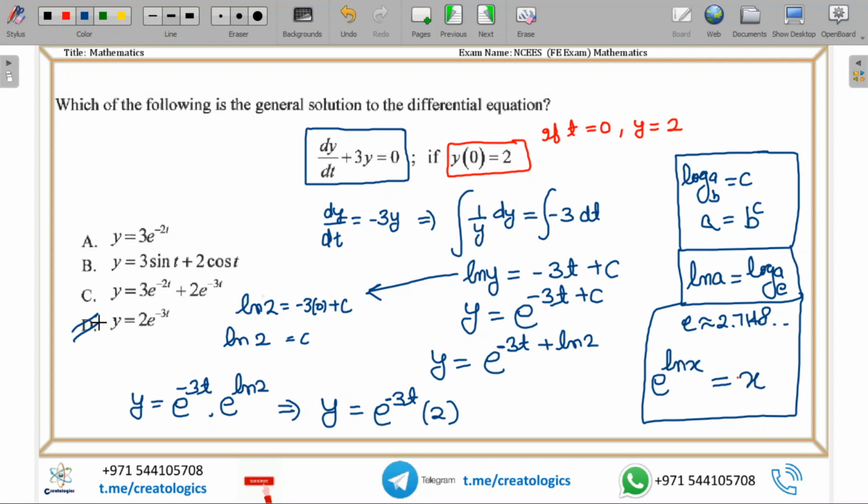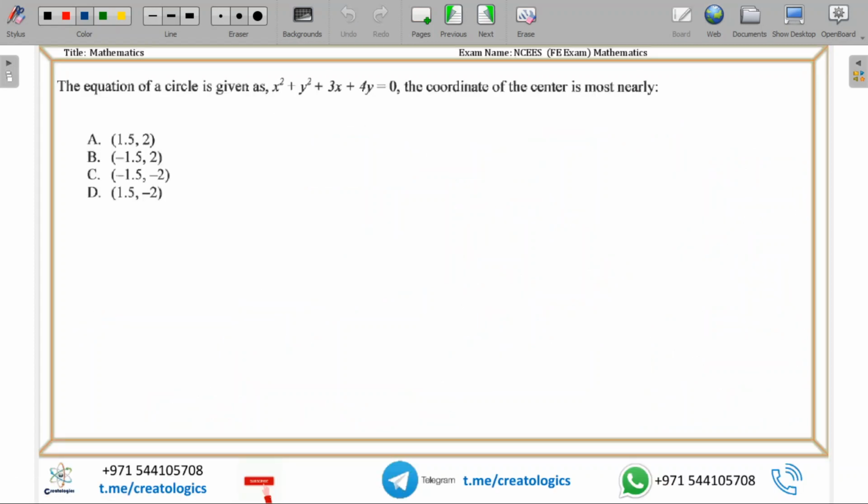Now let's move to the next question. Here the question says that you need to find the coordinates of the center of the circle whose equation is given to us.